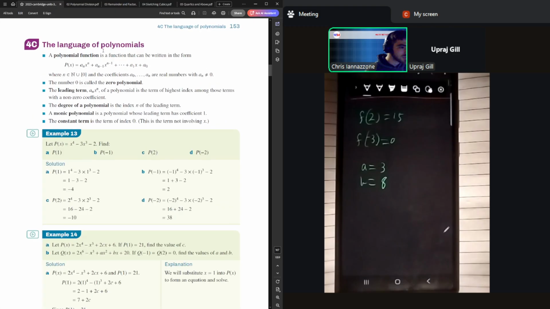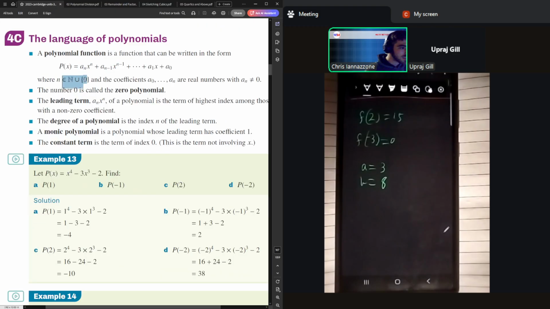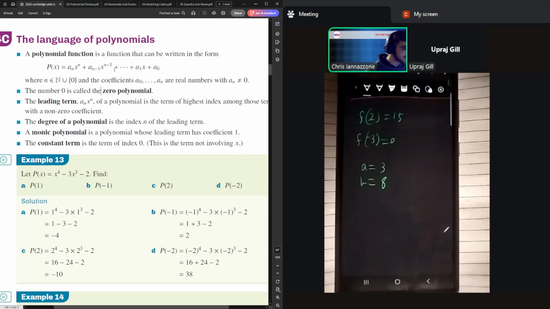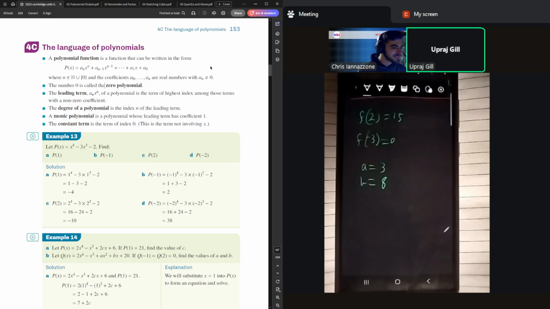Language of polynomials. Polynomial can be written here. N is an element of the natural numbers including 0, so no, can't go into negatives. You could even have 0 though, that's really weird. So a horizontal line is a polynomial, but nothing negative. Like y equals 1 is a degree 0 polynomial.